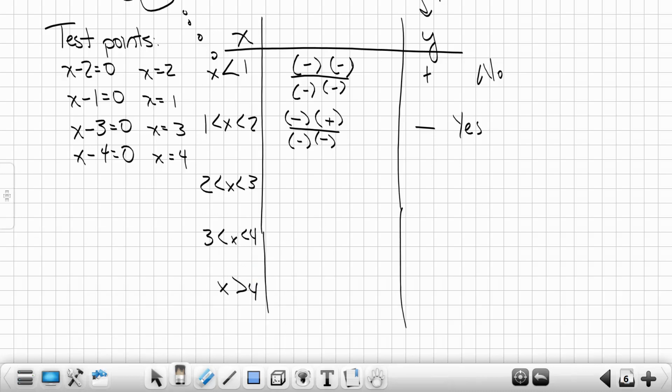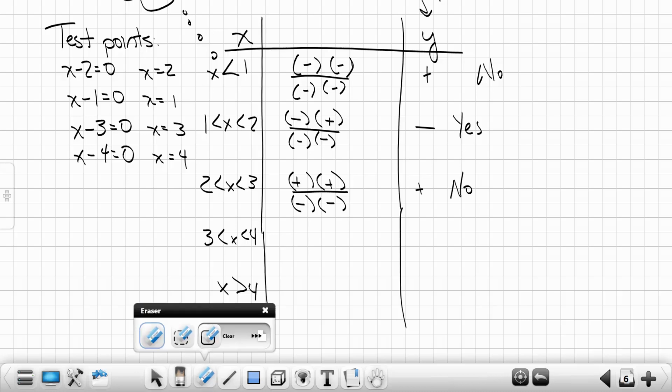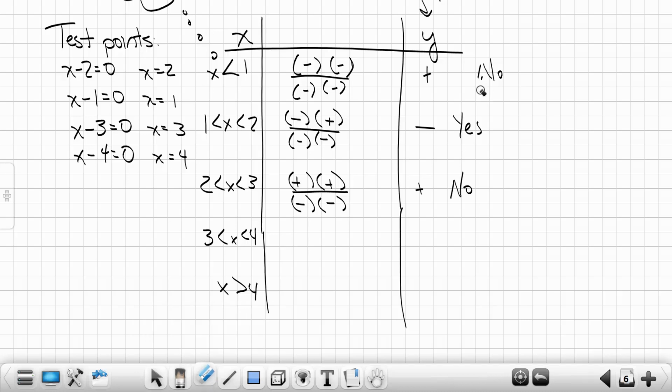So between 2 and 3, I'm going to pick 2.5, right? 2.5 minus 2. 2.5 minus 1. 2.5 minus 3. 2.5 minus 4. So that whole thing is positive, because negative times negative.